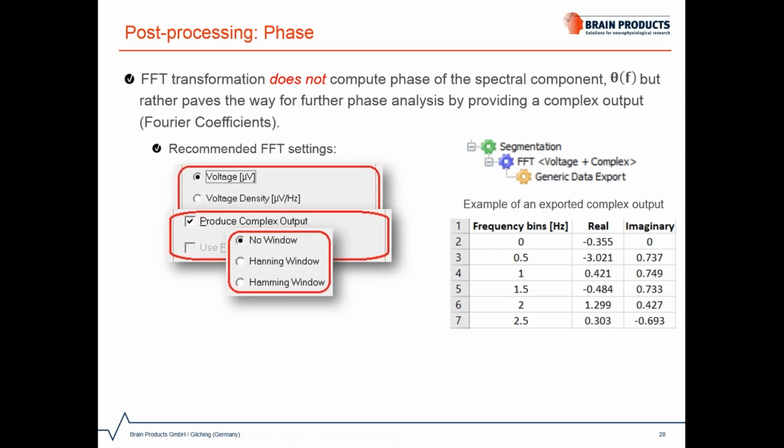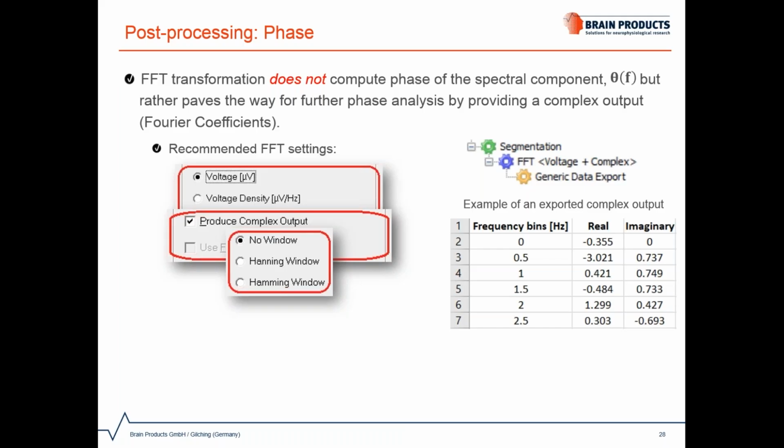This example shows you how to interpret the exported file. For each electrode, you will have two columns, one for the real and another one for the imaginary part. And the rows represent the frequency bins starting from 0 with an increment of your frequency resolution.